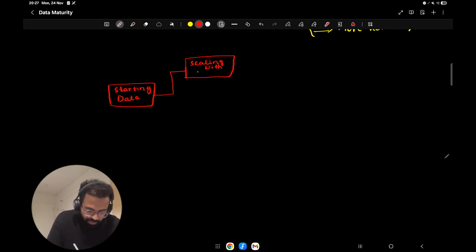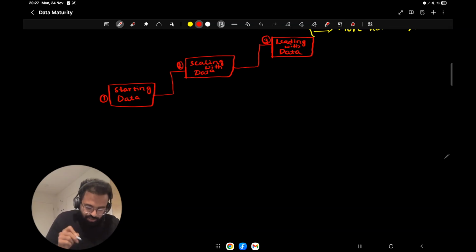And then maybe the final step. It's not like the fullest final step, but maybe the final step would be leading with data. So this is stage one, and then this is stage two, and then this is stage three.